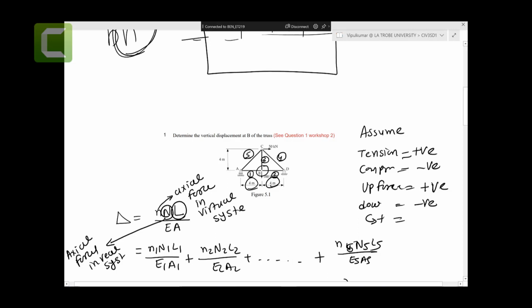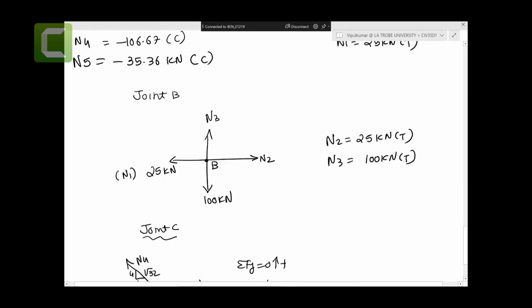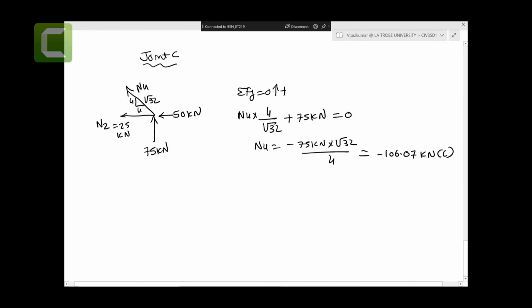This is my list of assumptions, and I stick with these assumptions throughout my examples. No one is forcing you to make these assumptions. You can take tension negative, compression positive, but you stick with that one throughout your example to make it consistent, and you will get the same answer at the end for the displacements. Okay, so those are some assumptions we make at the start, and we stick with them.